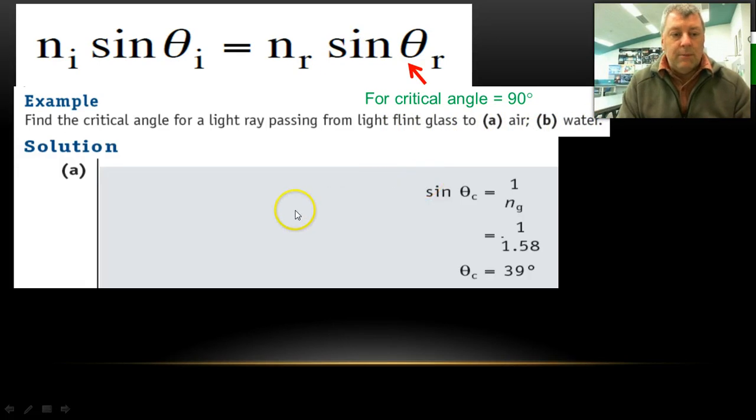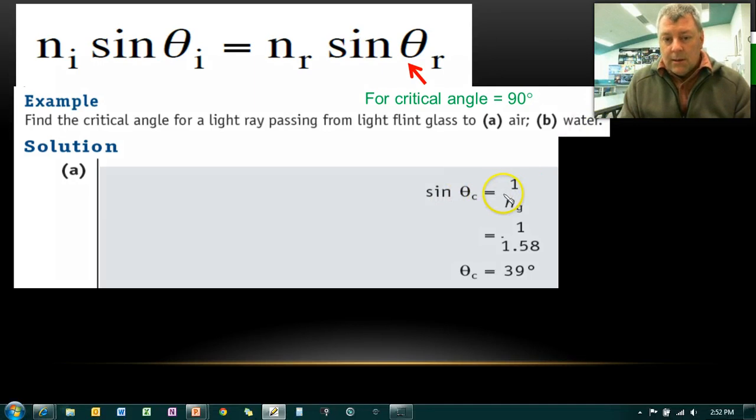Now, in the first example, they've taken Snell's law and simplified it. Because sine 90 degrees is 1, and the absolute refractive index of air is 1, we end up with this. And there should just be a little divide by sine there that hasn't appeared, and so that's all they've done there.